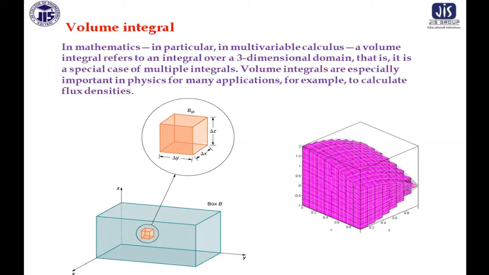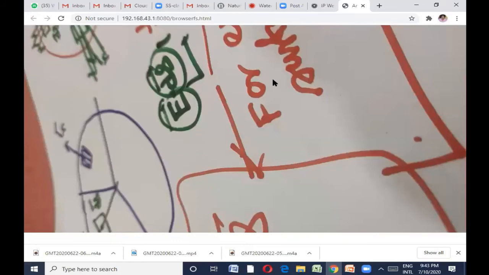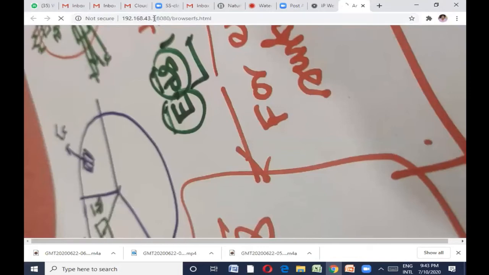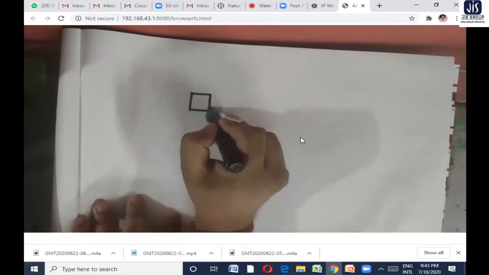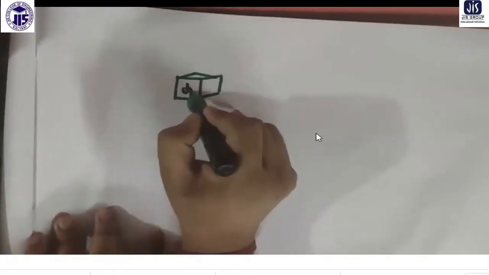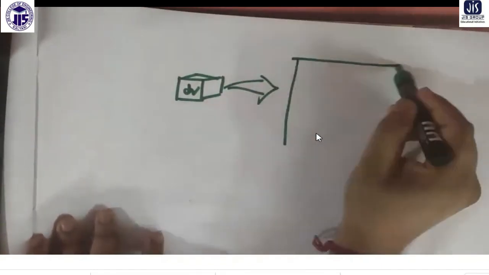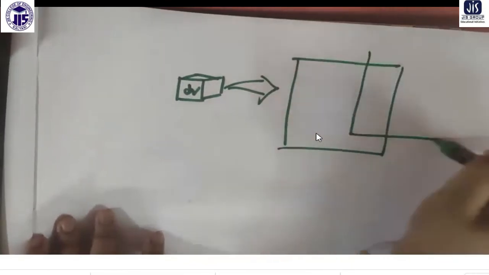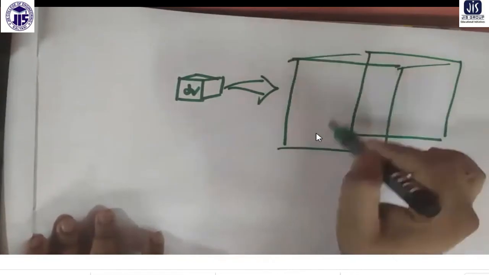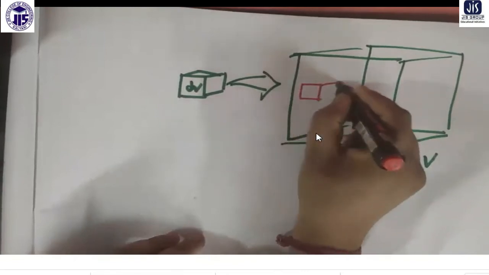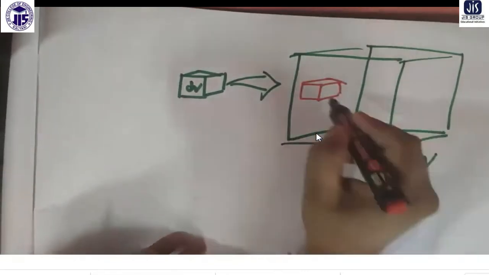So volume integral is like this. Suppose I consider a small volume element dV. Suppose these volume elements are making a big block of volume V. So how is this total big volume V made?